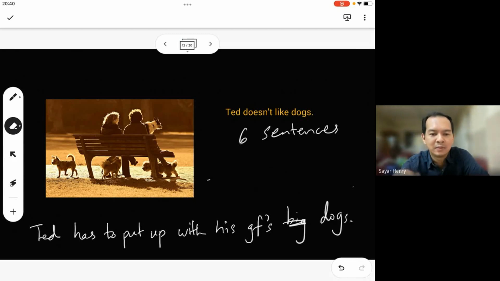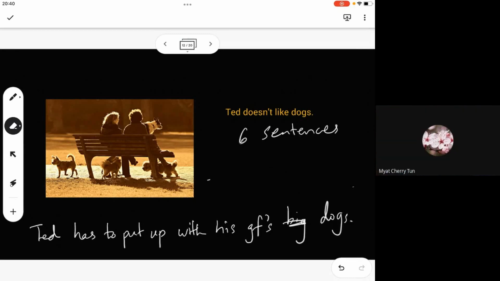Yeah, Cherry's turn. Yes, yeah. Ted doesn't like dogs because she likes clean and she doesn't like the dog smell.